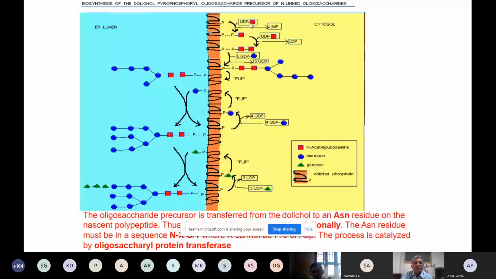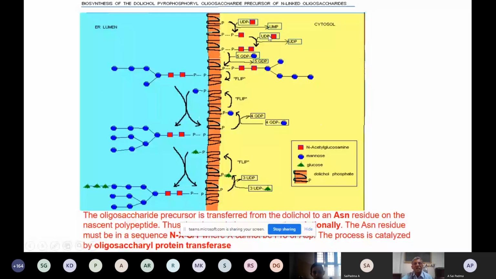This is the first event that happens in glycoprotein biosynthesis, where the core oligosaccharide is synthesized bound to the dolichol pyrophosphate. Once the N-acetyl glucosamine is formed, a second N-acetyl glucosamine is added on.